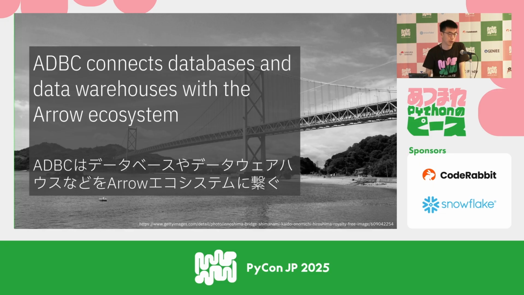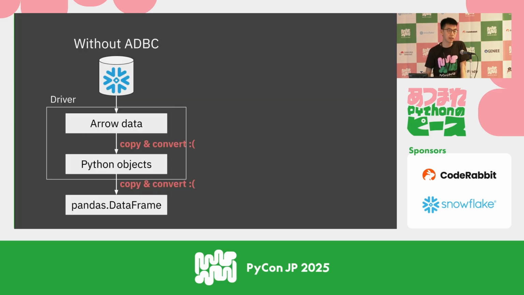Not to belabor the point too much, but again, let's think about what happens without an Arrow-enabled interface when we're trying to use these new databases, data warehouses, and other systems, right? So I just mentioned if you get data from Snowflake, it comes in Arrow format. And if we're trying to use it with a standard Python driver, say one that implements DB API, well, DB API is based around Python objects, right?